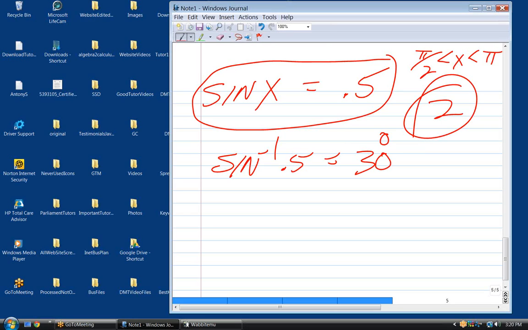So then it's 150. That's the second quadrant angle. And also 30 is pi over 6 in radians. What is 150 in radians? It's 5 pi over 6. I like to think of it as pi minus pi over 6, which gives you 5 pi over 6.